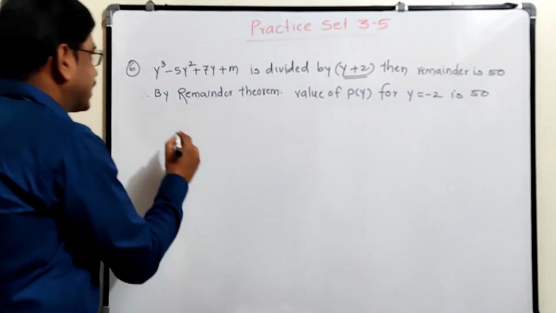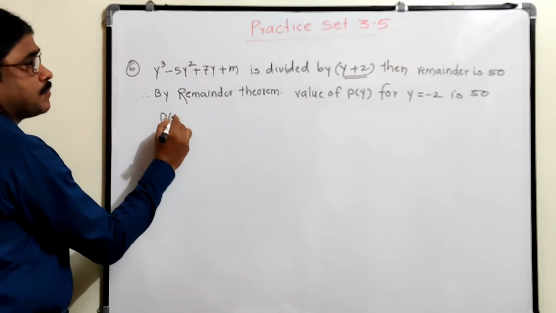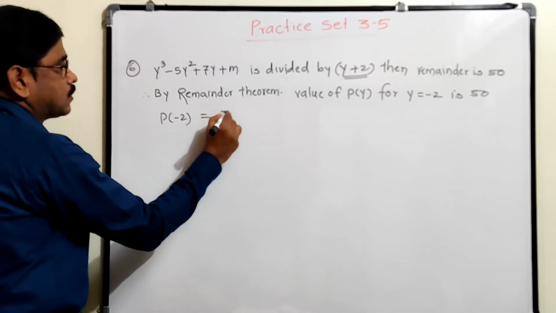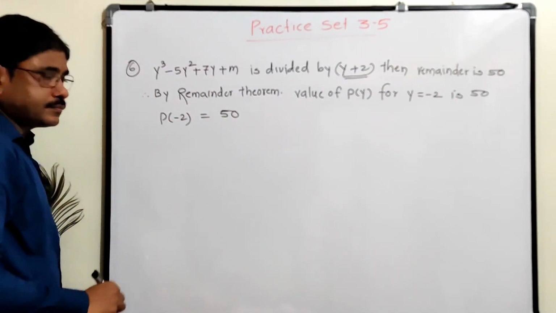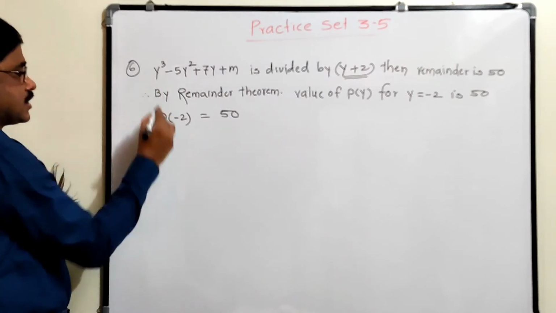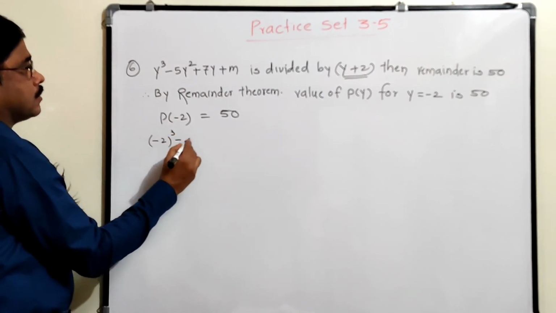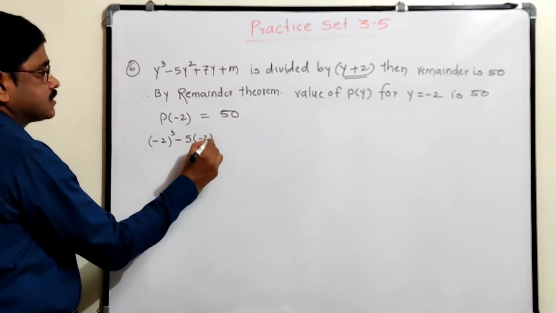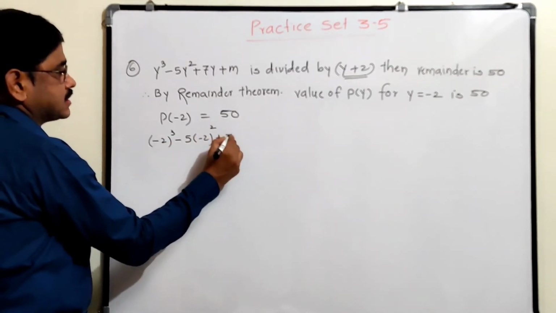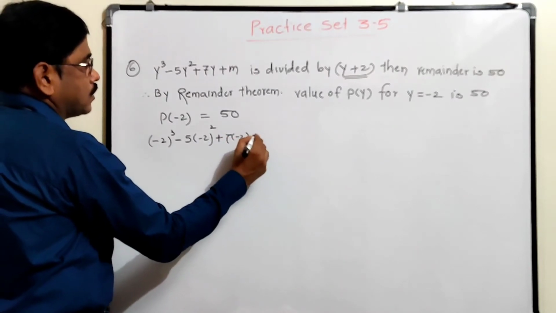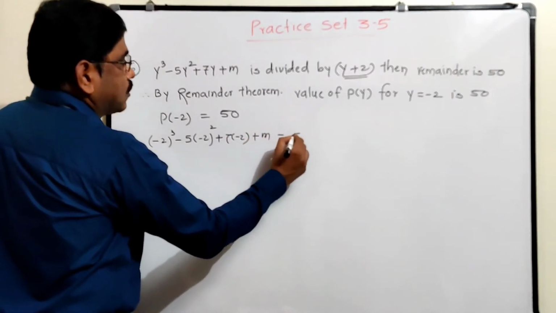That means how can we write? P(minus 2) is equal to 50. Now P(minus 2) means substitute minus 2: minus 2 cube minus 5 into minus 2 square plus 7 into minus 2 plus m is equal to 50.